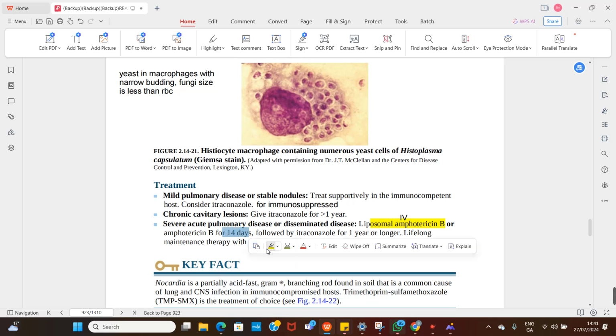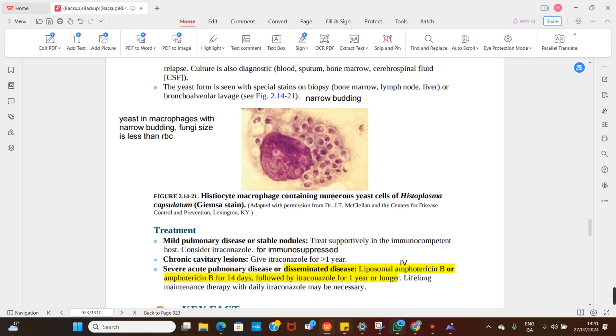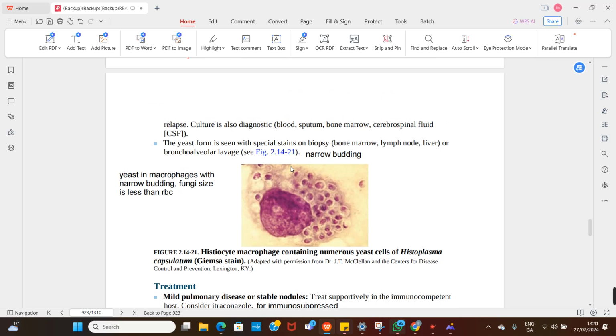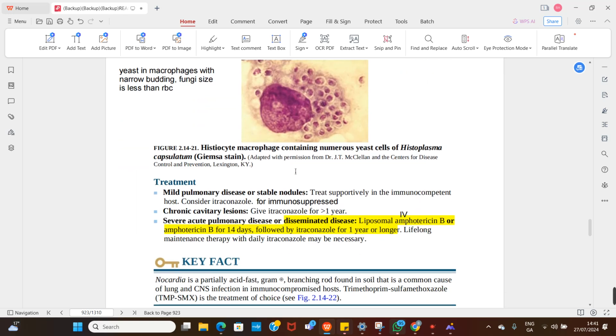Then you continue with your itraconazole for 1 year or more. Very, very important. Once this infection is bad acutely, or it is disseminated, already affecting the lymph node, the bone marrow, the liver, the spleen, start with IV amphotericin B and continue with your itraconazole.